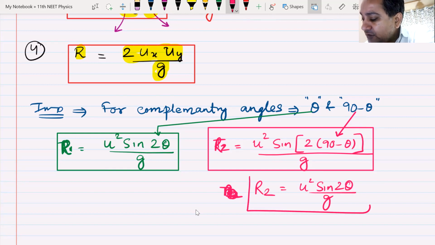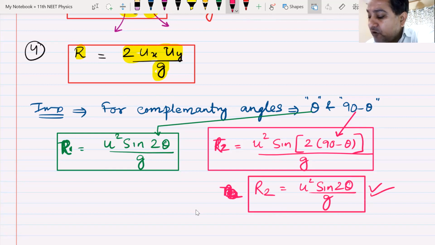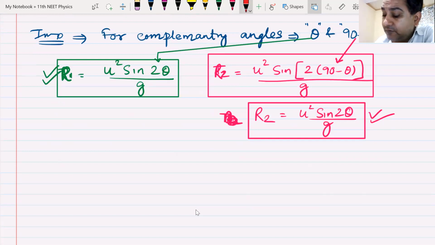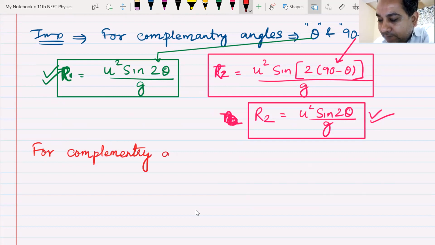If you look at these two ranges for complementary angles, they are the same. So we must remember that for complementary angles, range is the same.